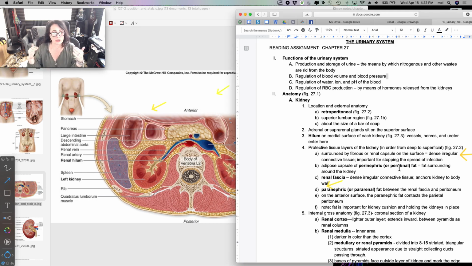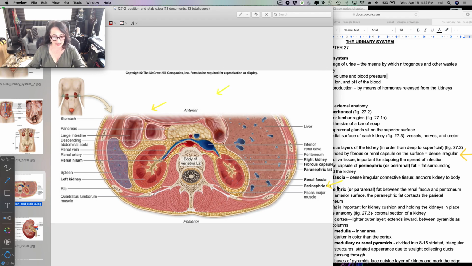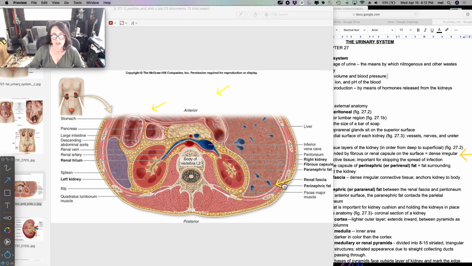And then you're going to run into a layer of connective tissue superficial to that. This is all like packing material around the kidney. A layer of connective tissue superficial to that, which you can see right there, is called the renal fascia. And the renal fascia is dense, irregular connective tissue, and it's really kind of smashing the kidneys back against the body wall.